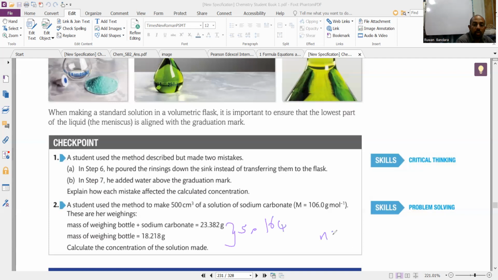Let's say the number of moles is 5.164 divided by 106, and that answer divided by 0.5. 0.0974 is the answer.